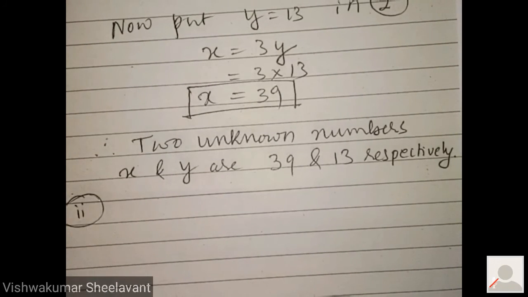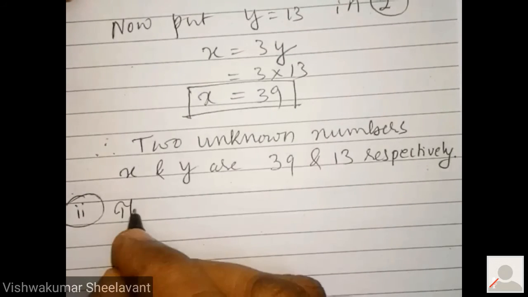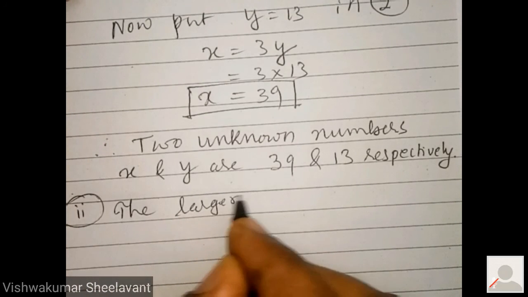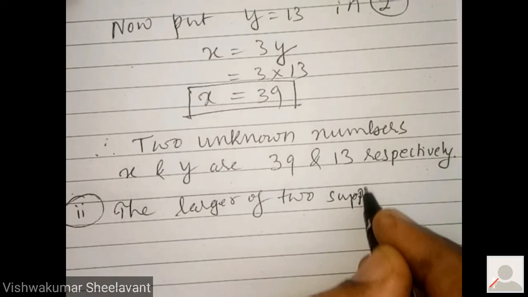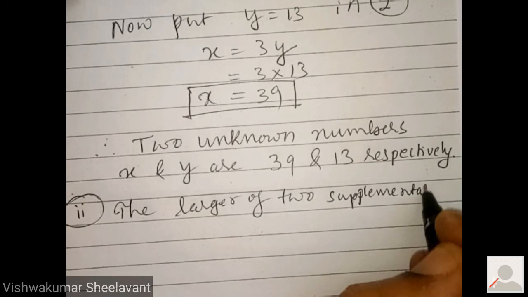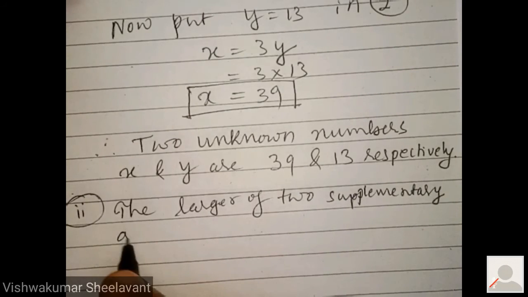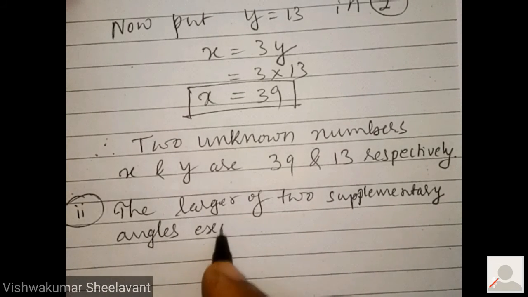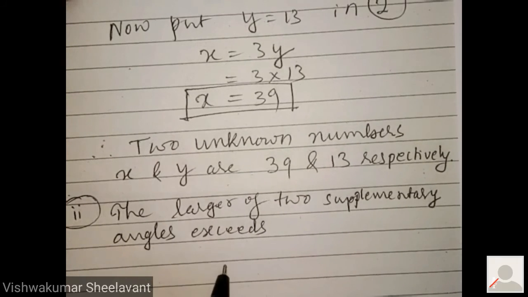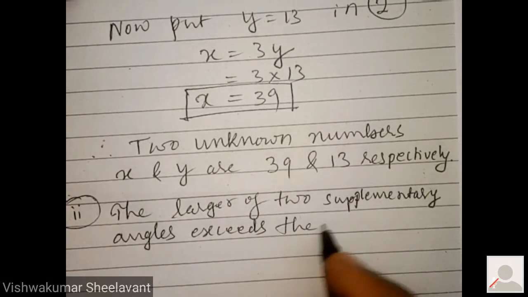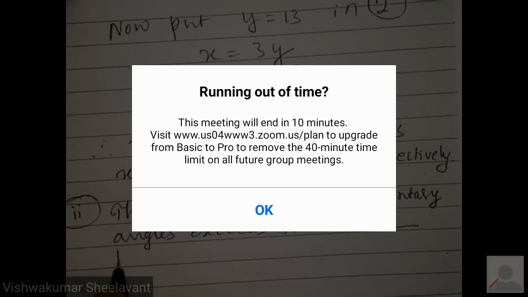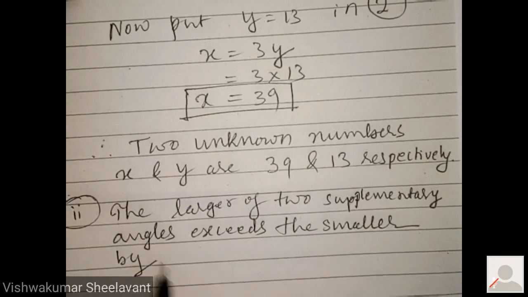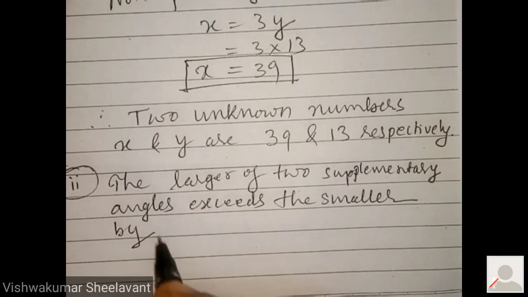We'll take second bit. The larger of two supplementary angles exceeds the smaller by 18 degrees.